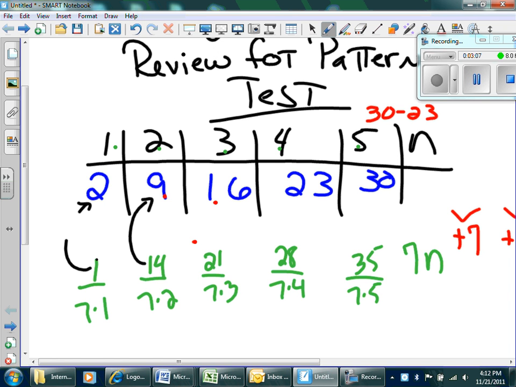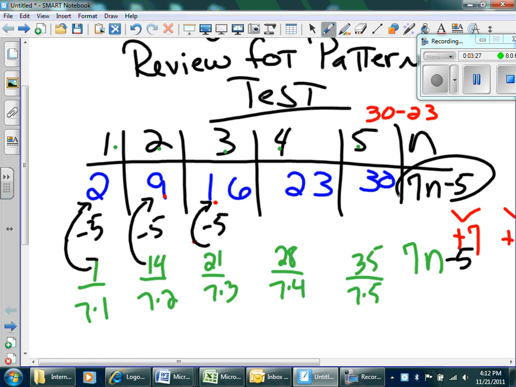Turning 7 into 2 is not adding 5. It's subtracting 5. 14 turning into 9, that's subtracting 5. 21 into 16, that's subtracting 5. I subtract 5 every time. So my answer, my 7n, I have to subtract 5 from it. So it'll be 7n minus 5. And there we go. It's that simple.